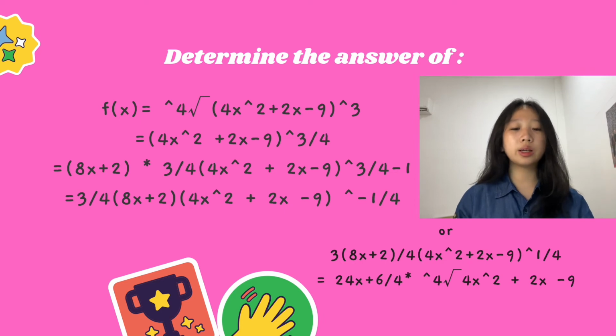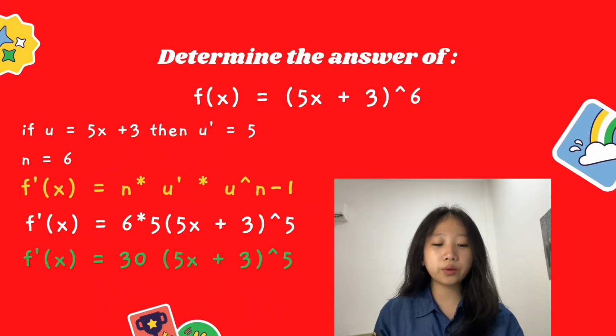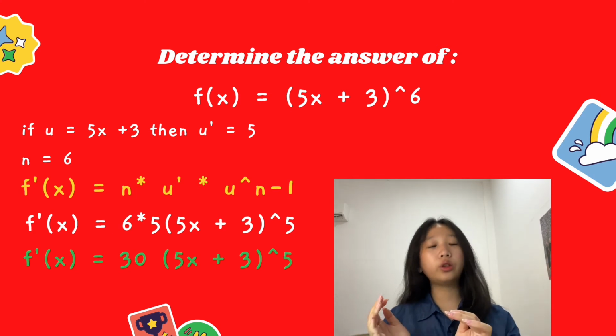Then the result is 24x plus 6 divided by 4 times the fourth root of 4x power of 2 plus 2x minus 9.